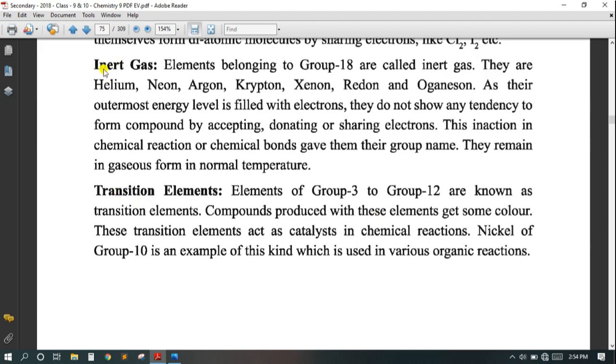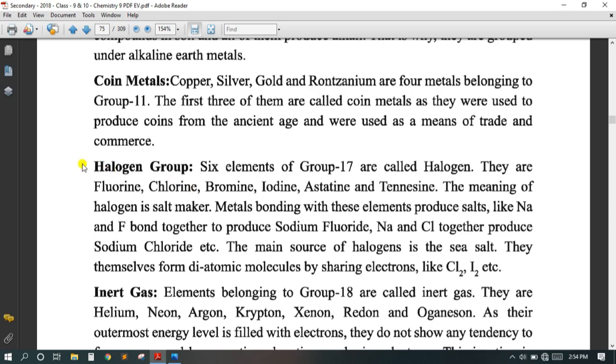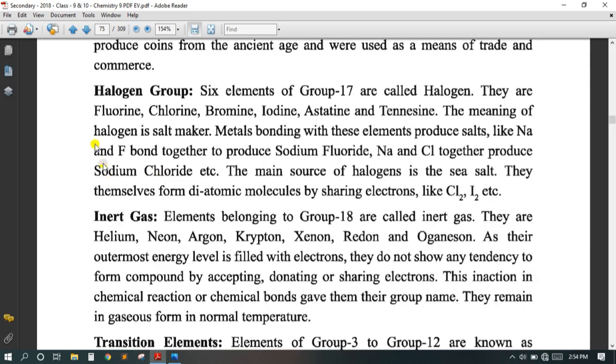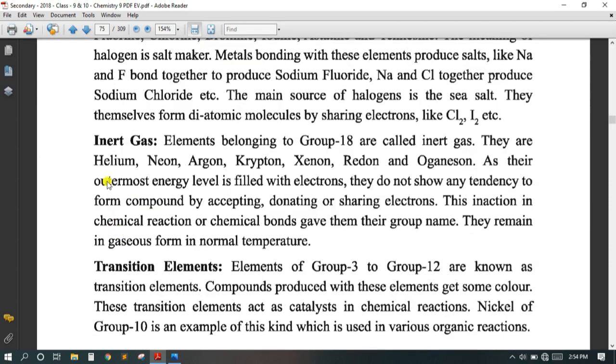My first topic is inert gas, because in my last class I told about the halogen group, and my new topic is inert gas, that is on page number 74. Inert elements belonging to group number 18 are called inert gas.